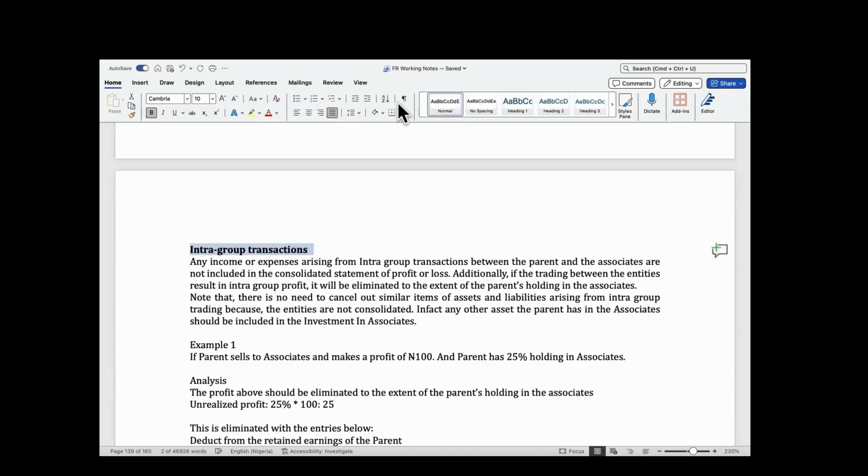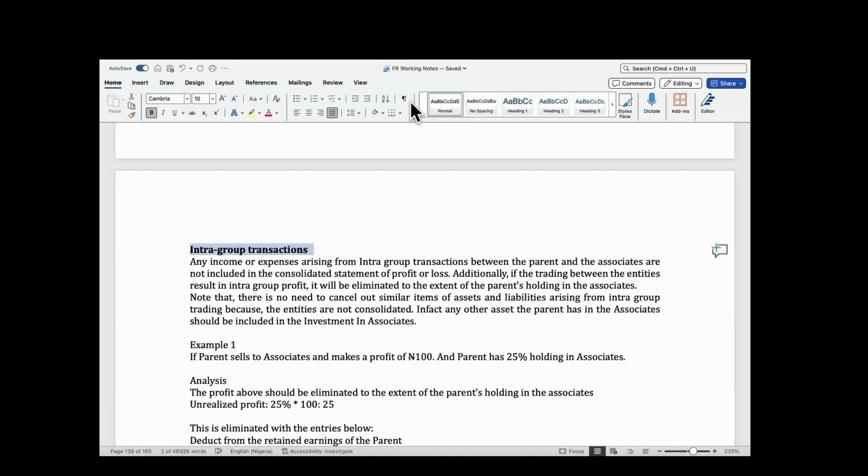Income and expenses that arise from transactions between the two of them, you don't recognize them in the consolidated statement of profit or loss. Any income and expenses, you don't recognize them.